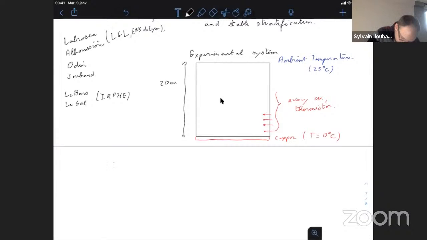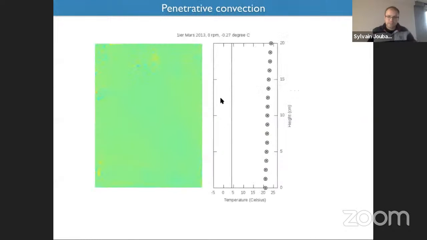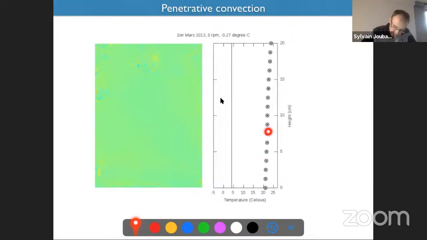So I will show an experimental movie. It was already 7 years ago. On the right part, you have the signal given by each thermistor. So you have the temperature as a function of the height in the tank.